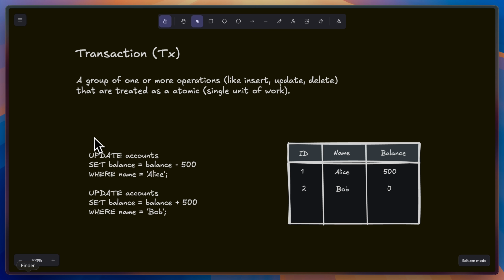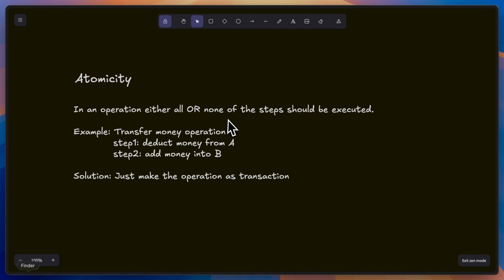So now let's see what atomicity is. Atomicity says that in an operation, either all or none of the steps should be executed. For example, the operation is to transfer money from one user to another user. In that case, the first step would be to deduct the money and the second step would be to add the money.